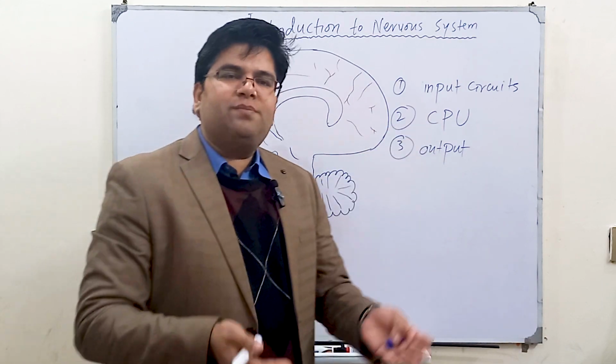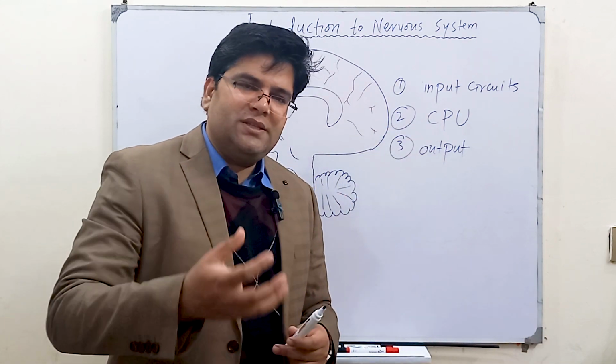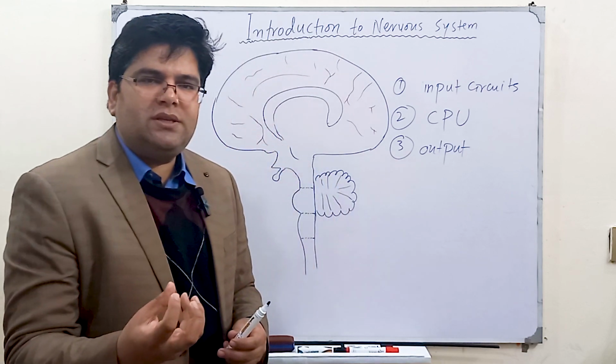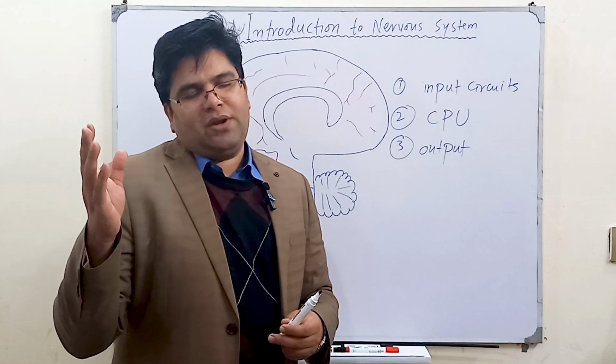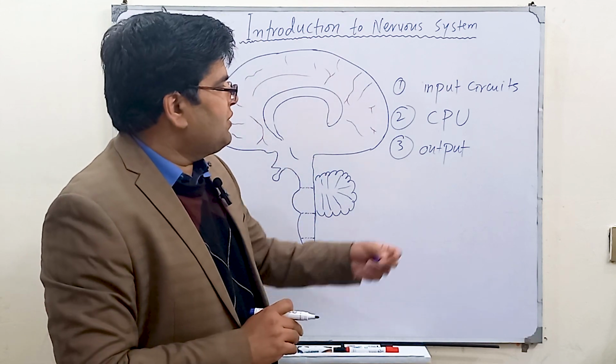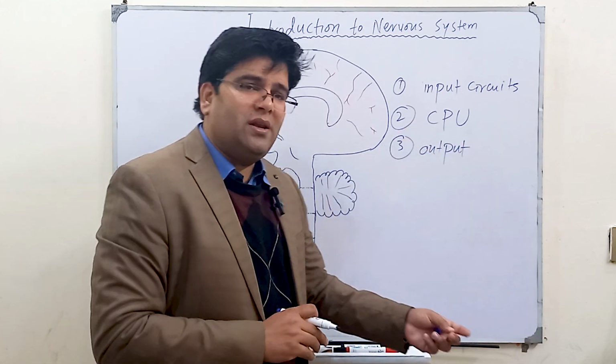And CPU, which collects that sensory information, perceives it, processes it, and on the basis of past memory, then generates an appropriate response. So CPU is very similar to our brain.